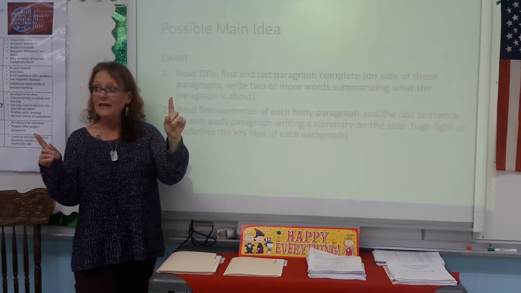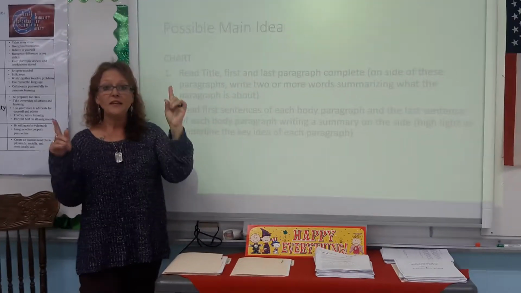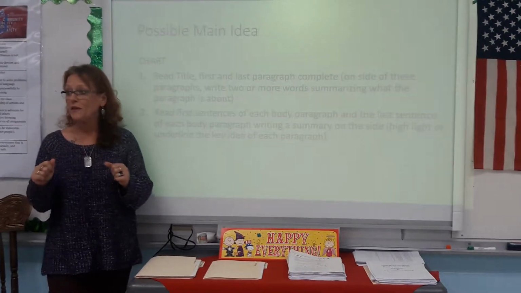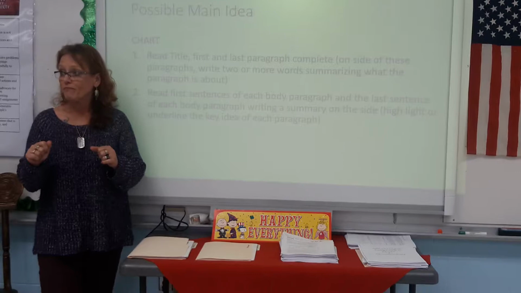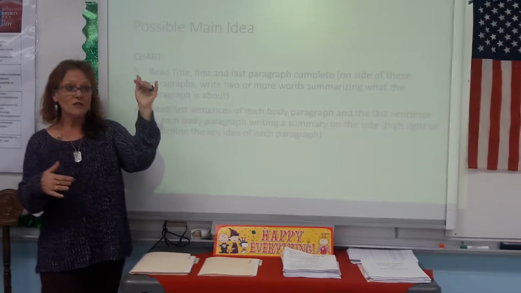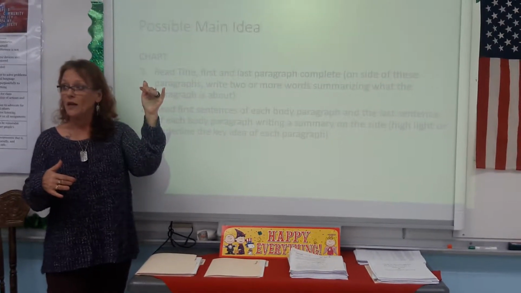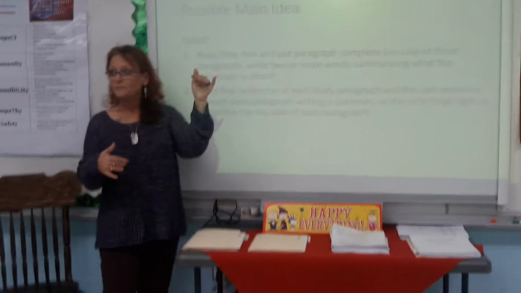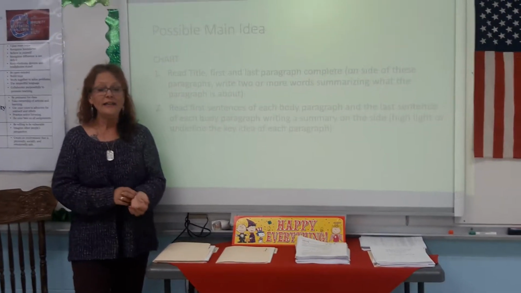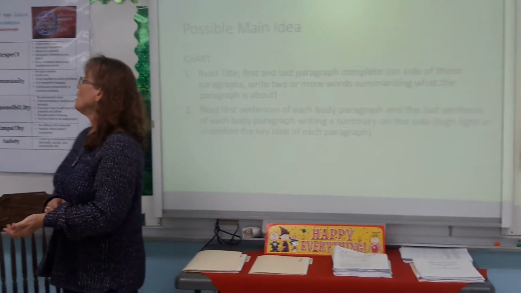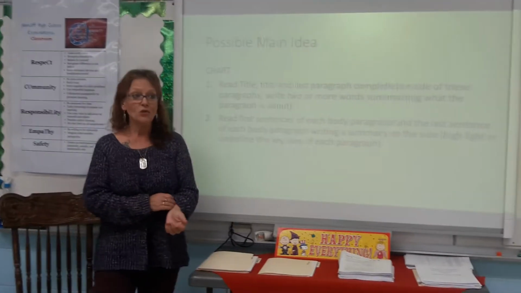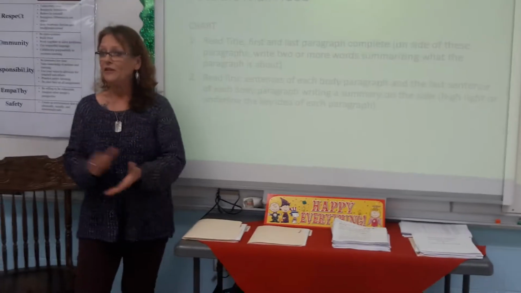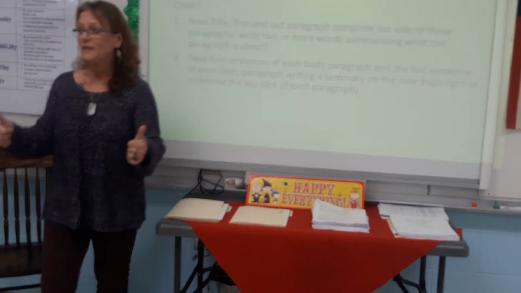Not the main idea, not the topic sentence, but the key idea that's being delivered to you in that paragraph. It's usually a term or a couple of words. It'll be either in the first or the last sentence. All right? Any questions on this? Okay, so go ahead and get started. We're going to work for about 6 minutes. So do as many as you can, and then we're going to come back and see how you did on it. All right? Okay, get started.